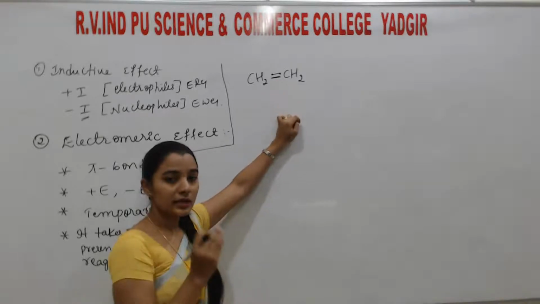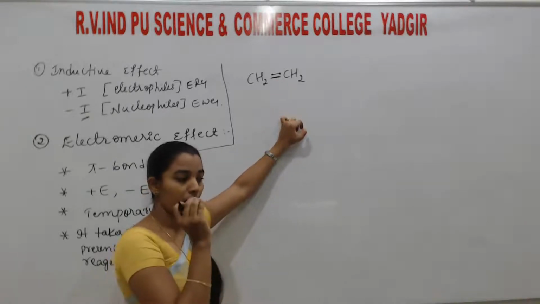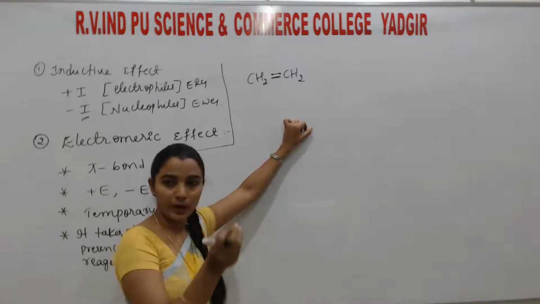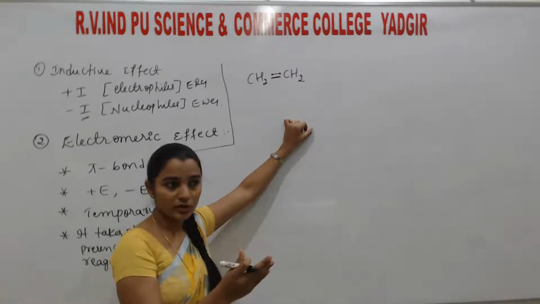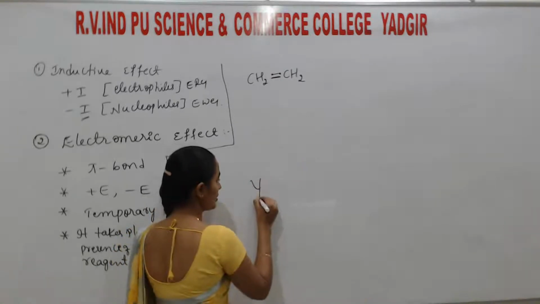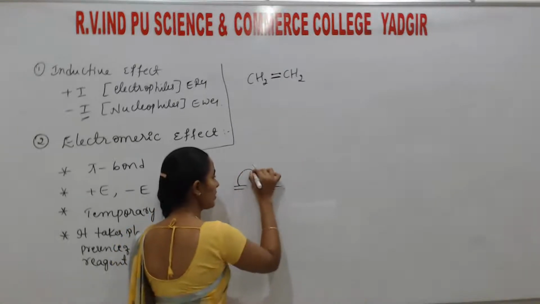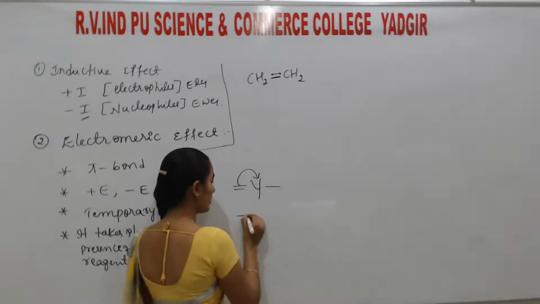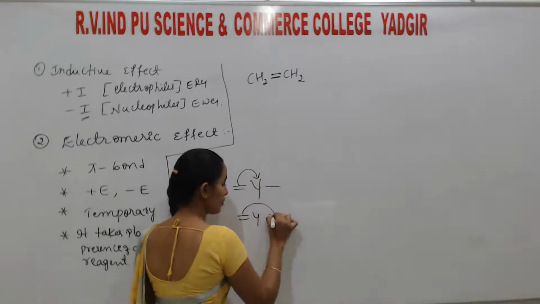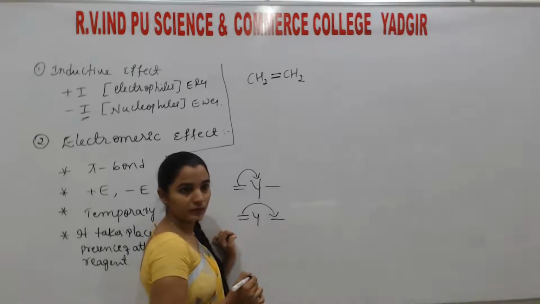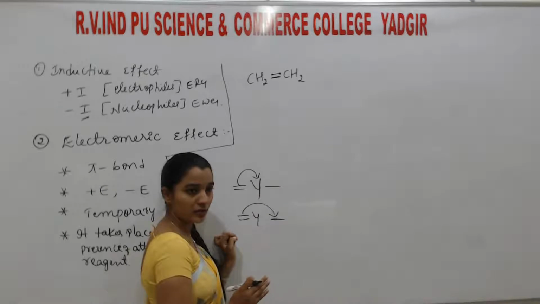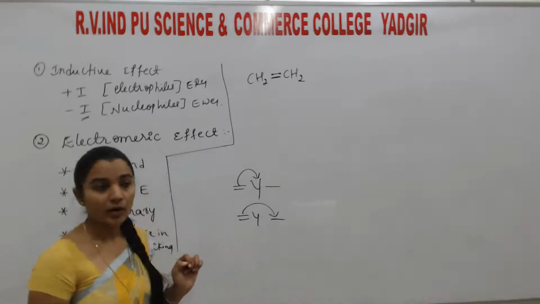In yesterday's class, I told you already that transfer of electrons takes place from an atom to a pi bond or adjacent bond position like this. If they transfer like this, as I told in yesterday's class, or they may transfer to the next bond position. So these are the mechanisms that occur during the reaction. So in the electromeric effect, what happens?